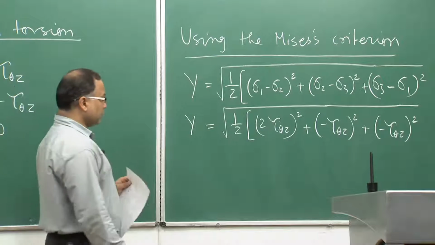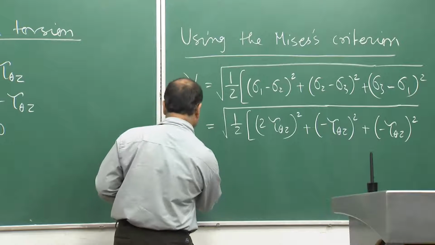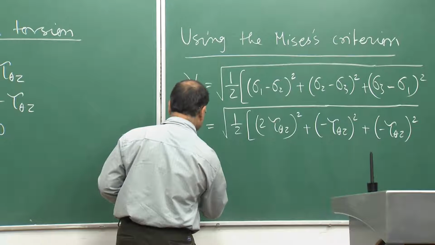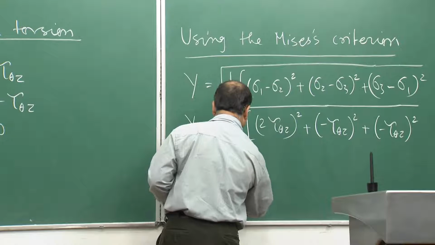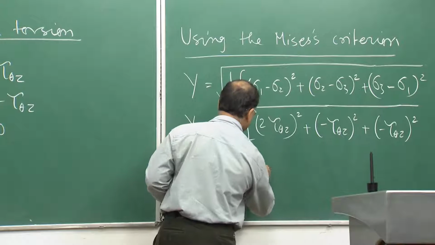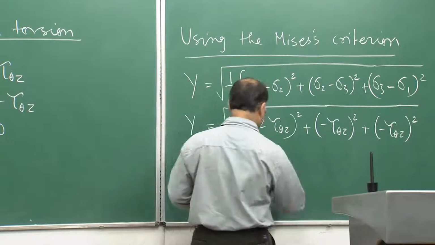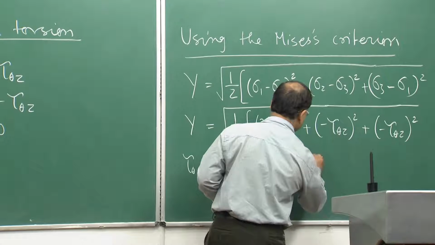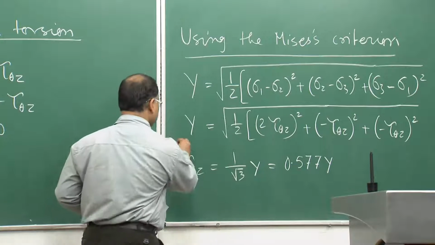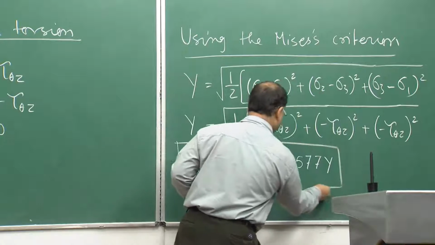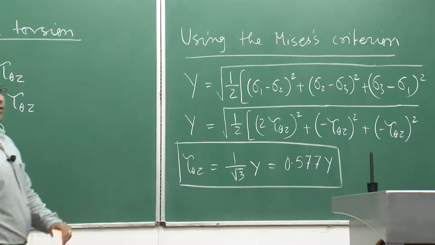So, from this I can get tau theta z is equal to 1 by root 3 Y, that is nothing but 0.577 Y. This is as per Mises criterion.